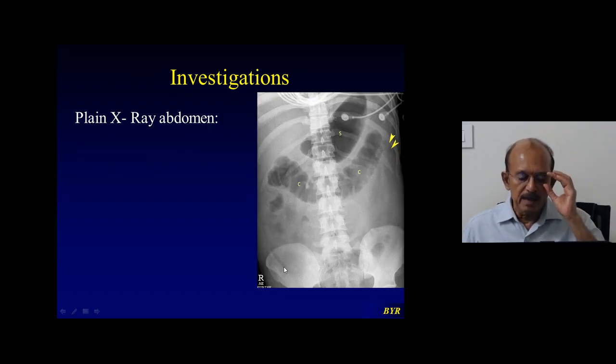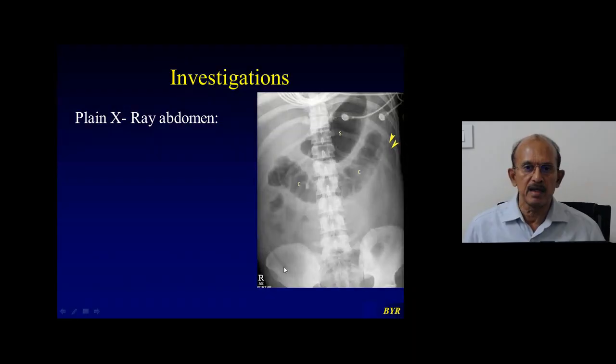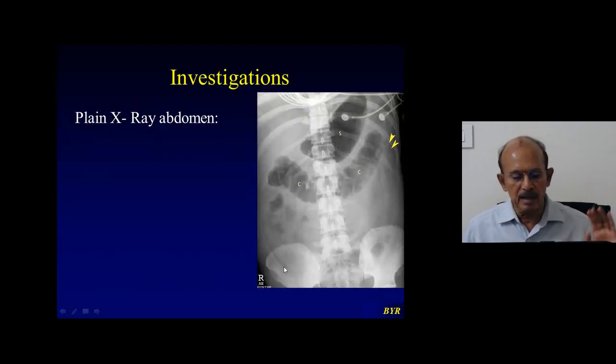Yes, if there is an associated infection in any other part of the body, CRP will be raised. That's true. There are other indicators to judge the severity. This is not the only one. There are other indicators that I am going to talk about now.